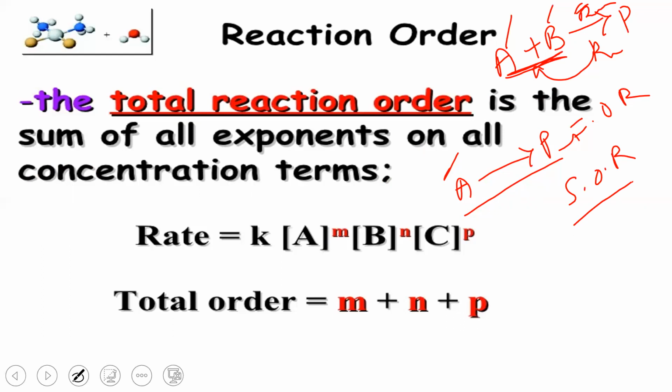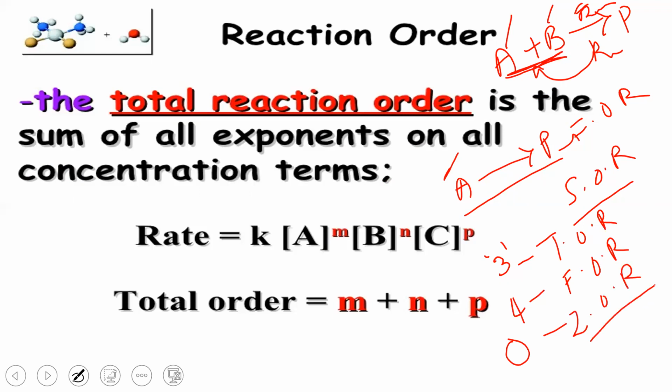If it depends upon three concentrations, then it is known as third order reaction. If it is four, fourth order reaction. If it is zero, since the rate of the reaction does not depend upon any concentrations of the reactants, that type of reaction is known as zero order reaction.